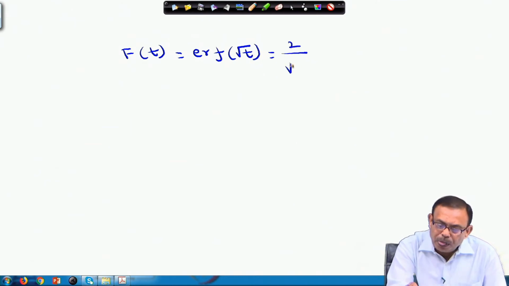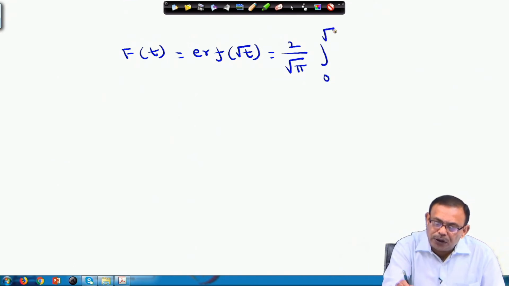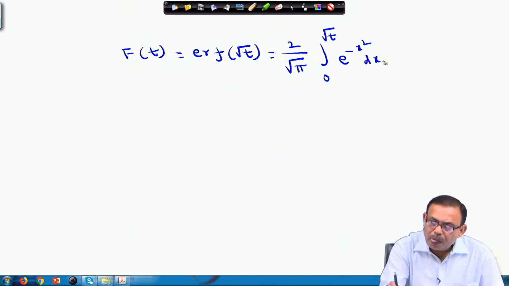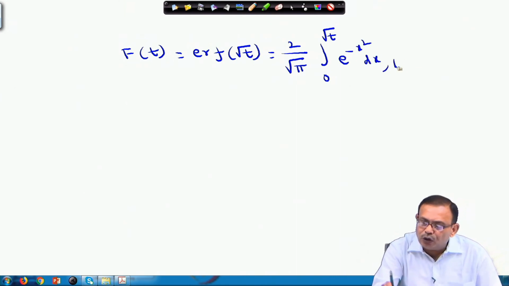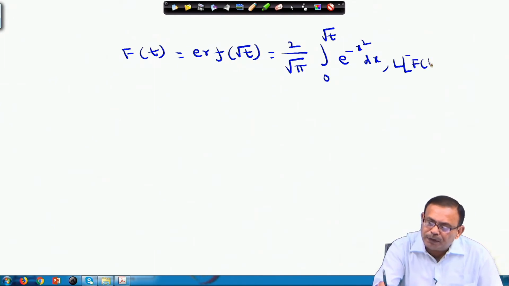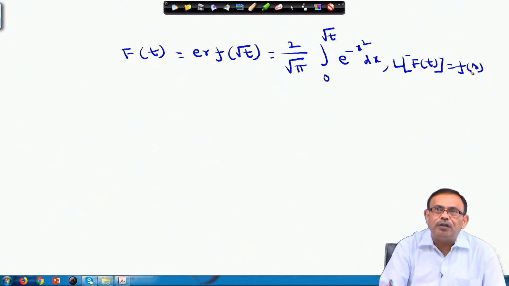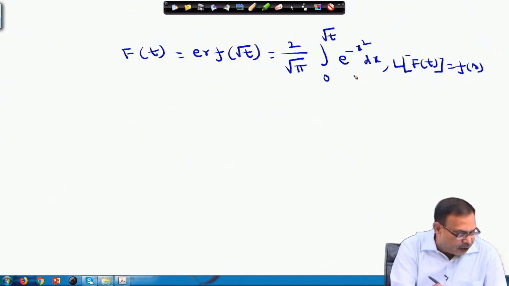By definition, 2 by root pi, integral 0 to root t, since root t is there, of e power minus x square dx. And of course, we are assuming that the Laplace transform of f t is say f s.